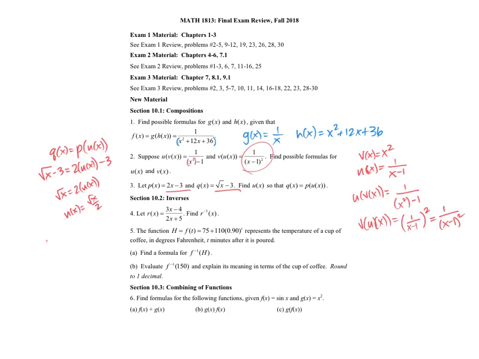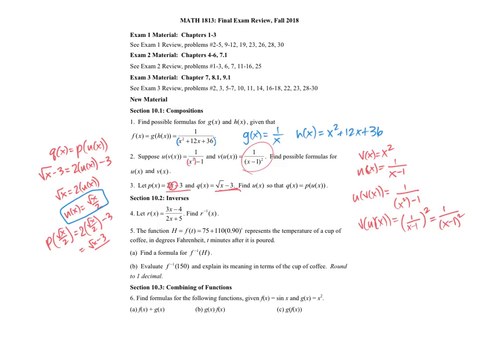So if I do p of square root of x over 2, that gives me 2 times square root of x over 2 minus 3, right? So if I plug in that for that x, that gives me square root of x minus 3, which is the thing I was shooting for. Okay, so that means my answer then is u of x is that thing.